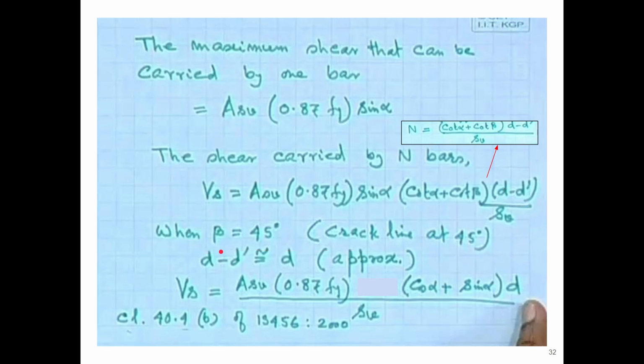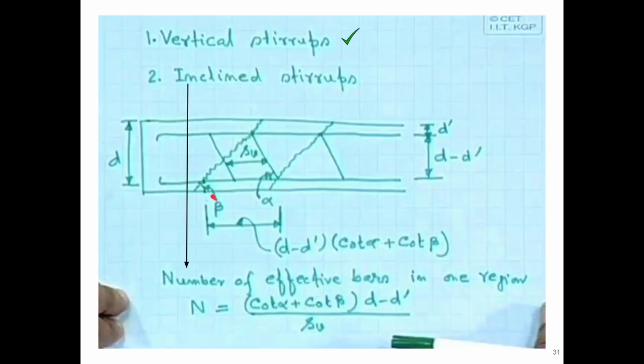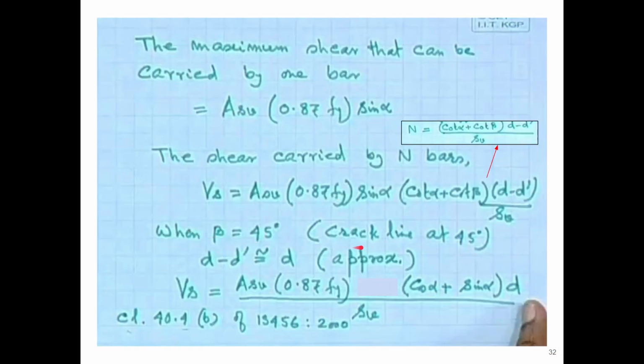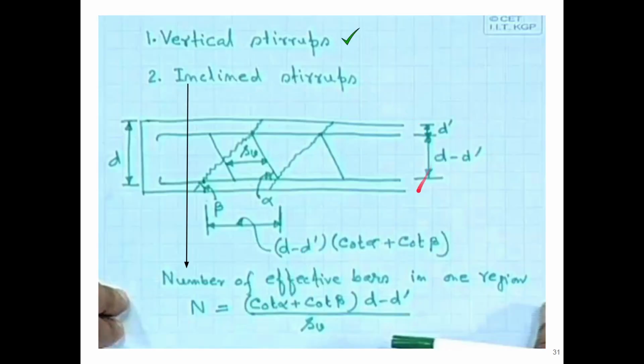Right. So when beta is equal to 45 degrees, let us assume that this beta value is again 45 degrees, that is, the crack line is at 45 degrees. And we assume again that d minus d prime is almost equal to d, because this d prime is almost negligible.